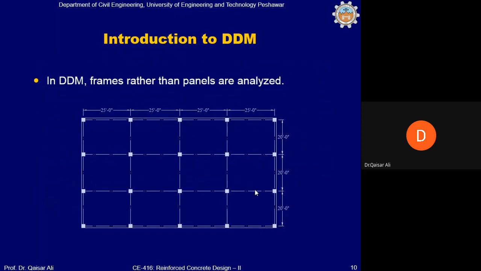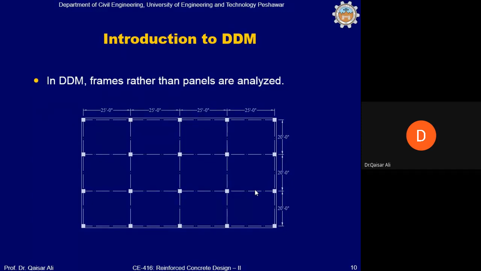Okay, now this was the background of all this. A few more things before we start the direct design method, which I said quite a few times now is a method of analysis. Although the name is a little bit confusing, that it is a DDM, direct design method. Probably the name has been given to it because the analysis method is very straightforward and very easy.